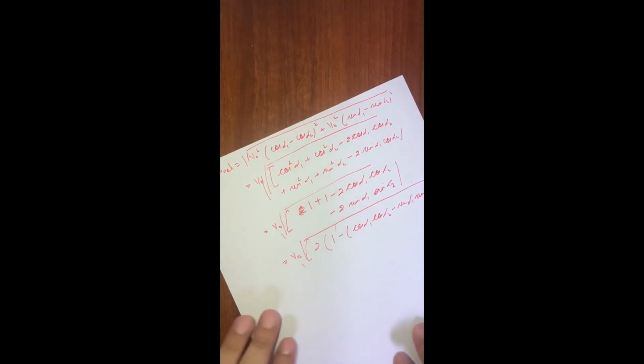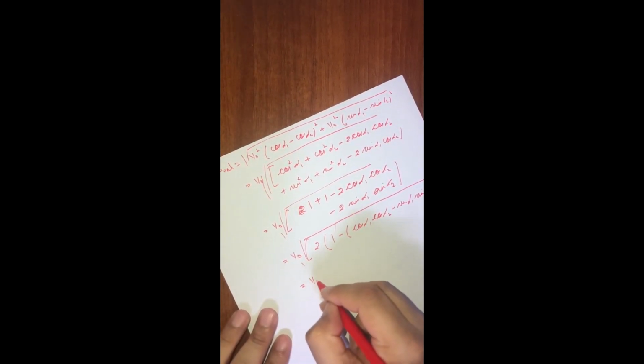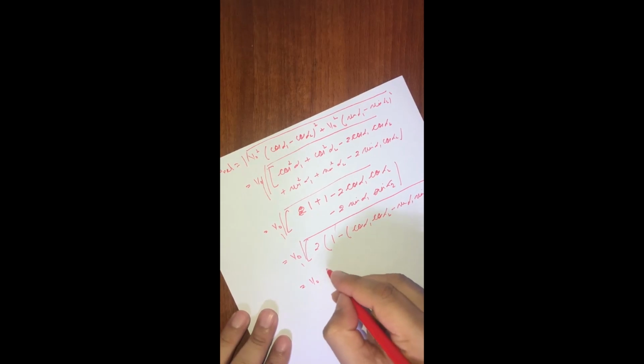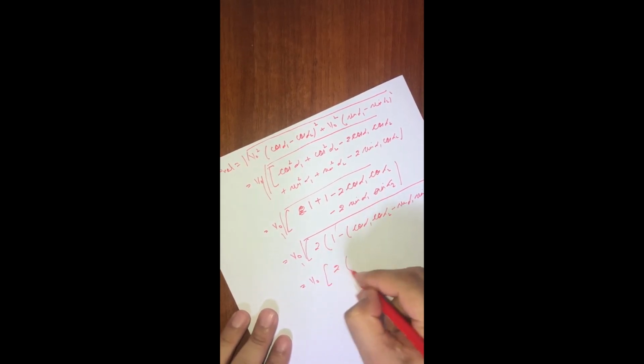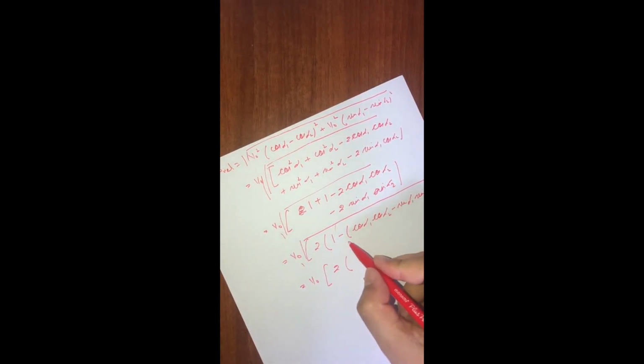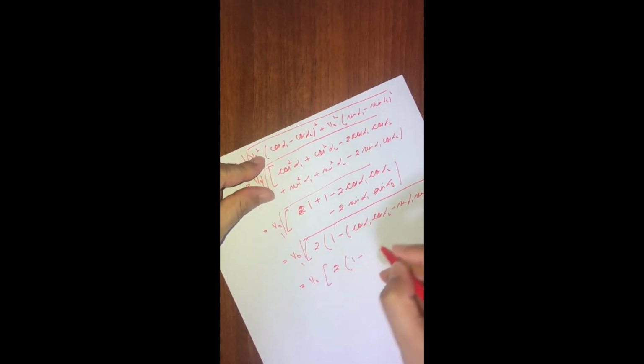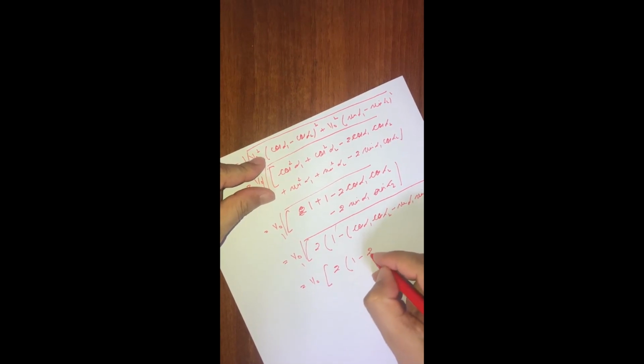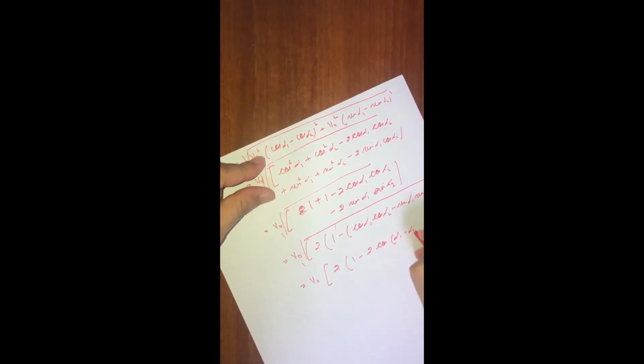By a simple trigonometric identity, this is 1 minus cos of alpha 1 minus alpha 2.